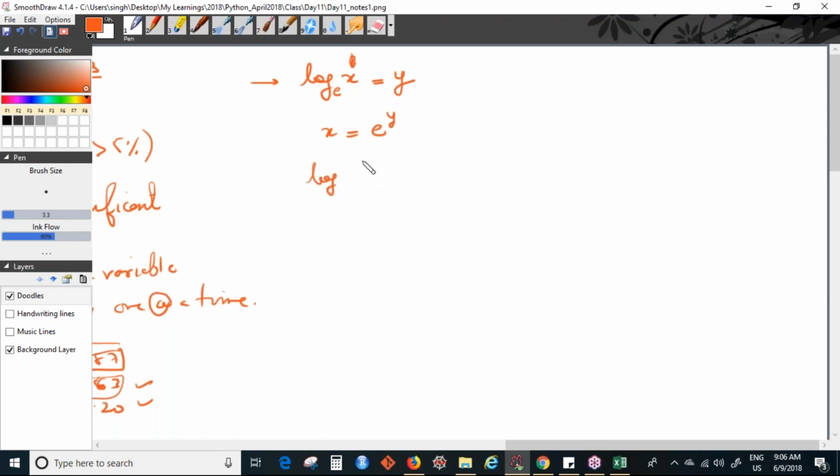So log of losses to the base e is equal to your pred variable. This is what you are predicting, but you have to find the losses. So how will you find it? Losses is equal to e to the power pred. This is your final answer.